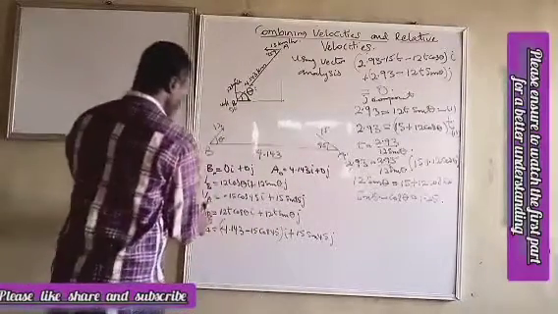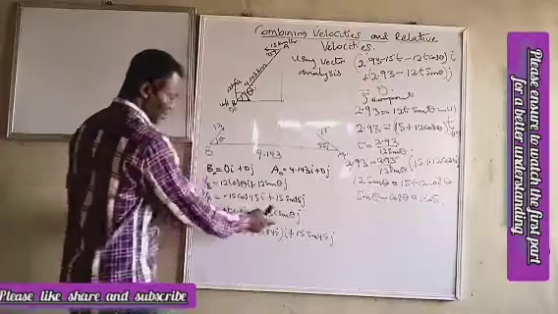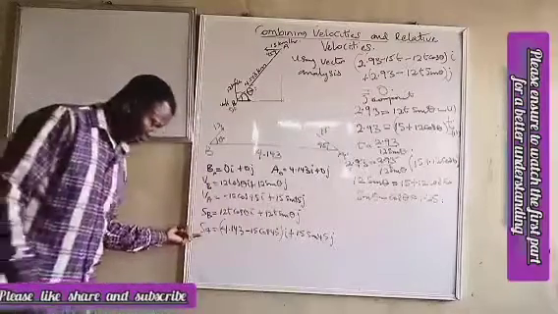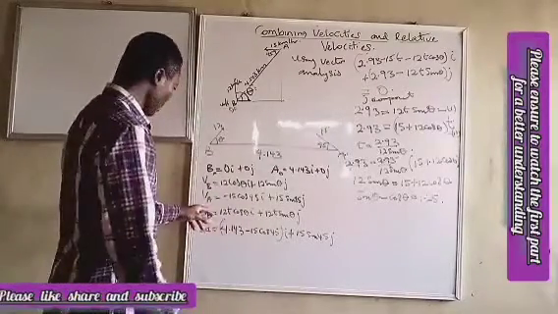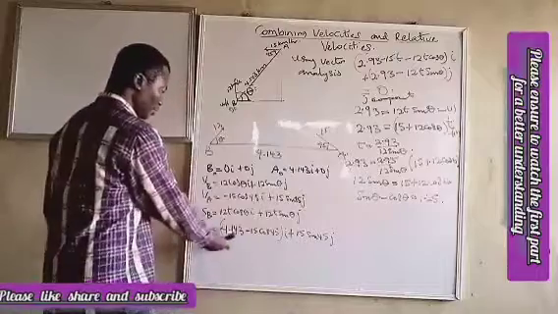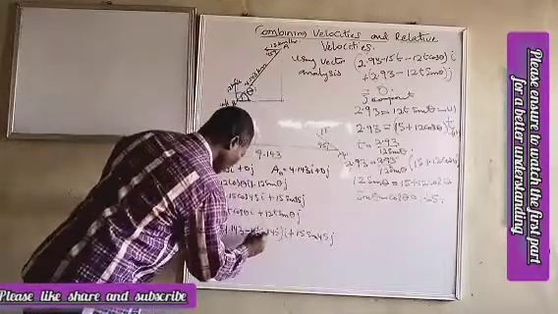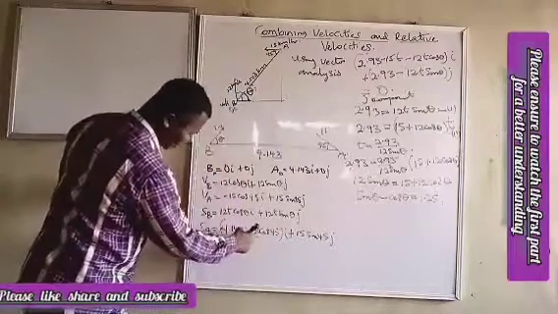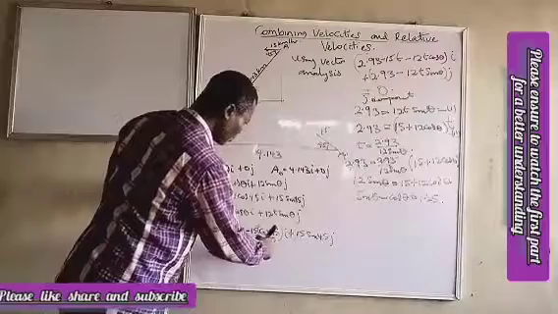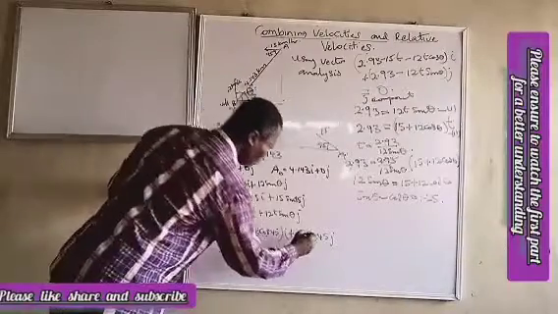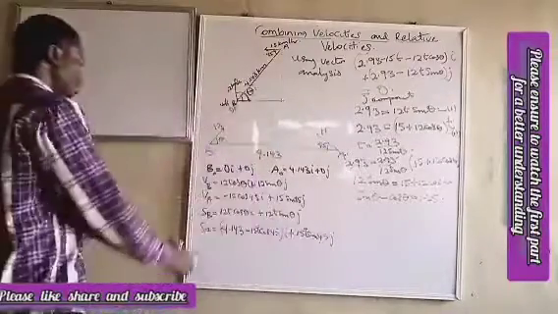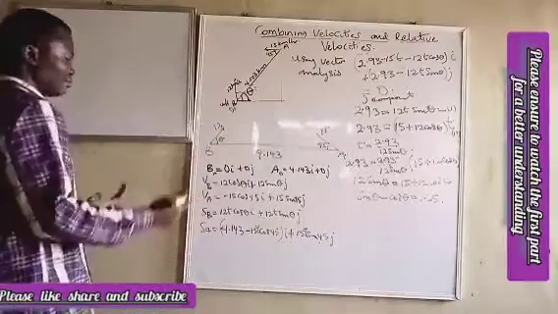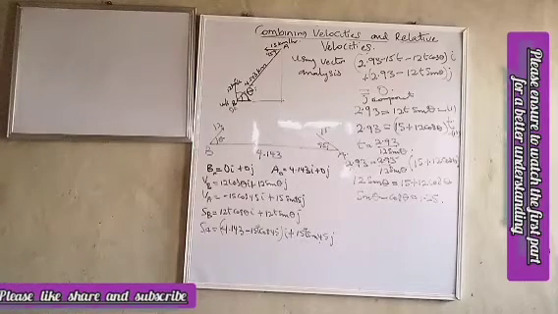So position of B at any time is 12 cos theta i plus 12 sin theta j times t. Position of A is this one plus this one times time. So I have 4.143 minus 15t cos 45 i plus 15t sin 45 j. So at rendezvous, this difference will be 0.